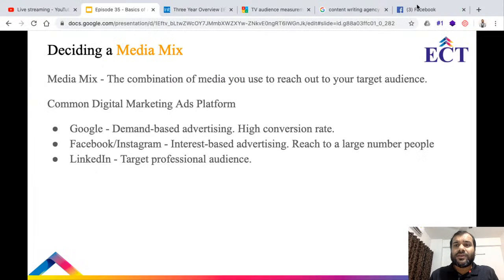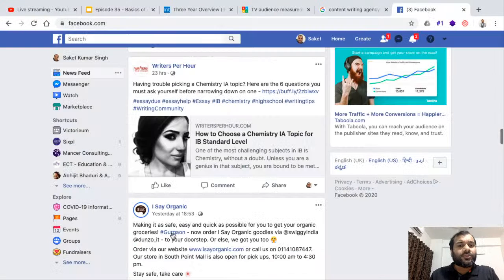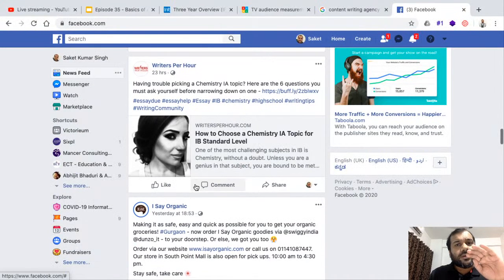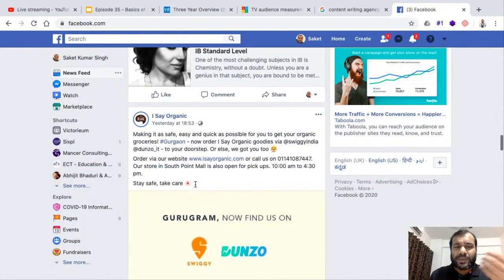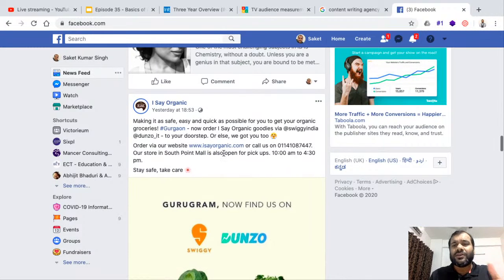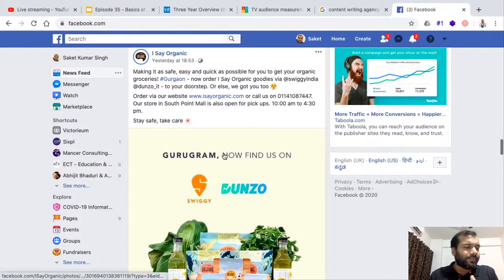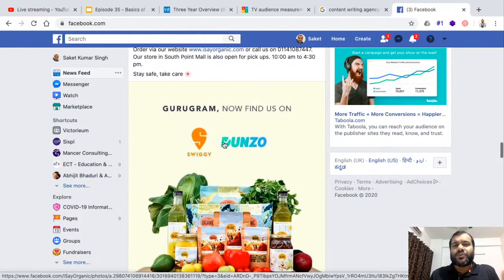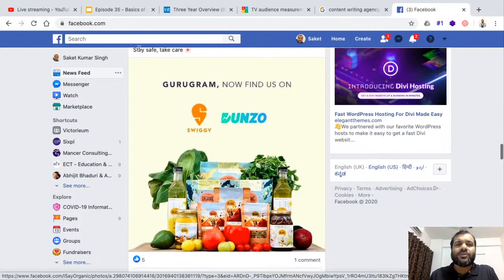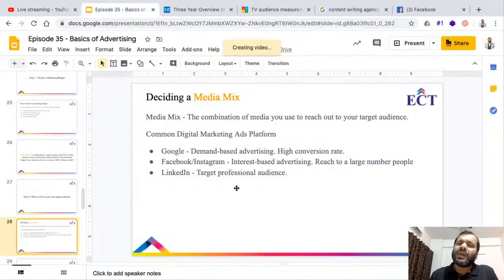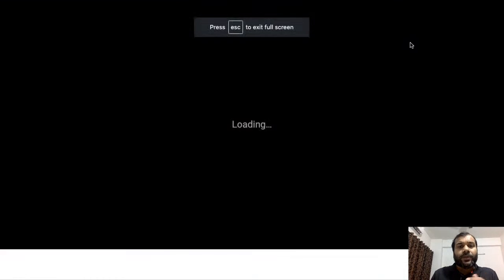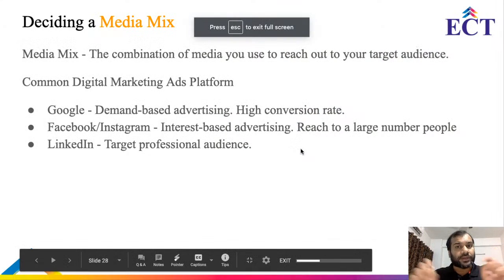Facebook ads will target you based on the pages that you've liked, interactions that you would have done, the articles that you have read. So this is interest-based advertising. And LinkedIn, as you know, targets a professional audience. So this is how you will decide a media mix.